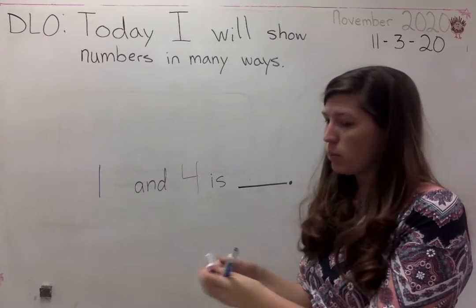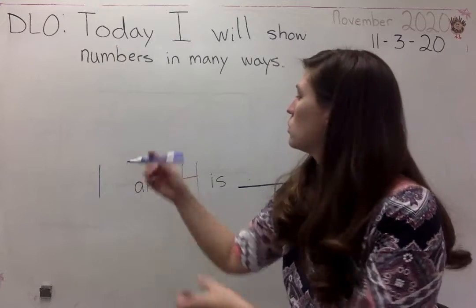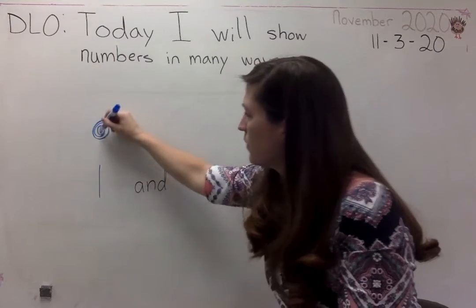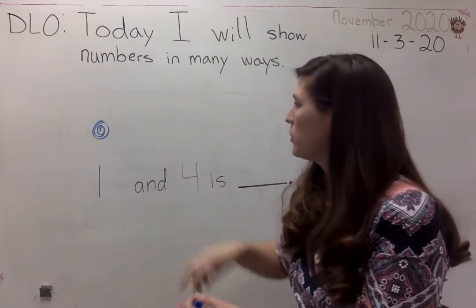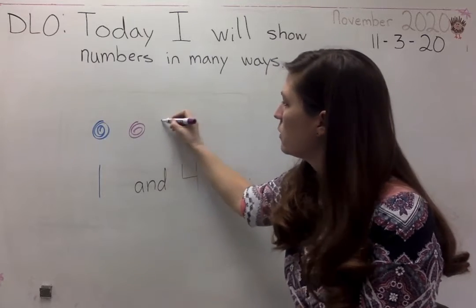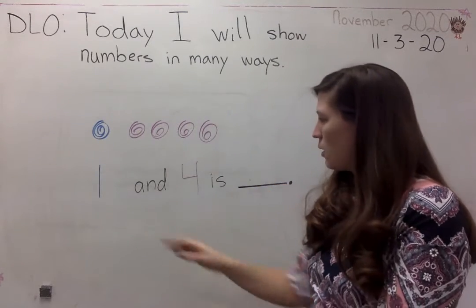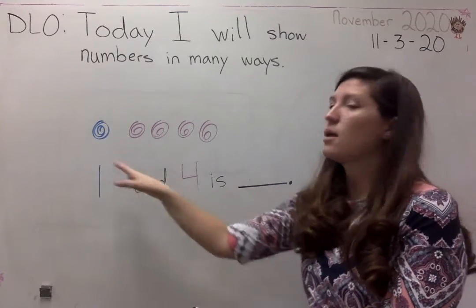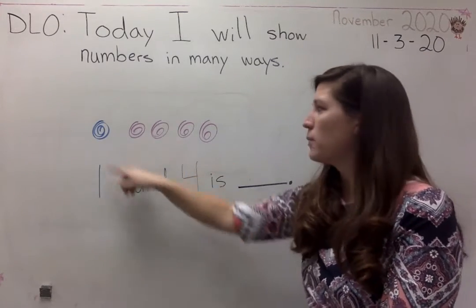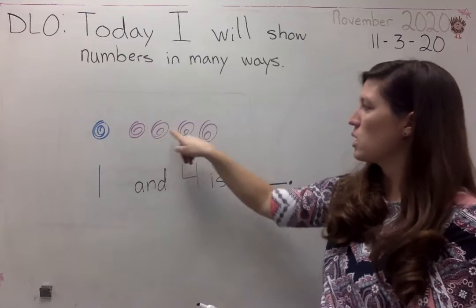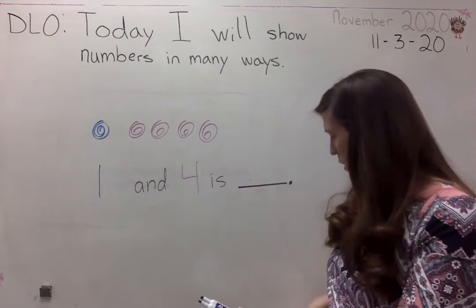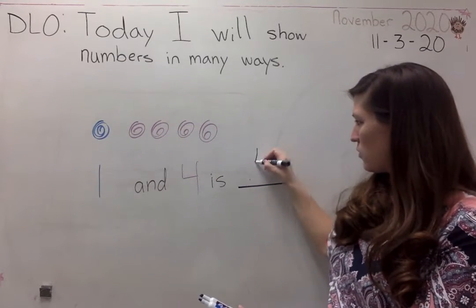If I've got 1 blue, I'll draw 1 circle here, and 4 purple. 1, 2, 3, 4. 1 and 4 is, let's use a strategy of counting them all. 1, 2, 3, 4, 5. 1 and 4 is 5.